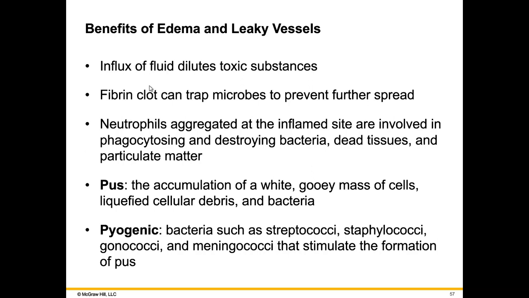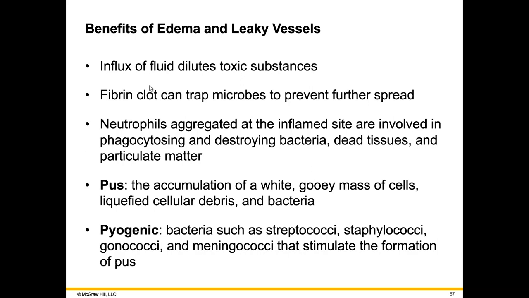Neutrophils also aggregate at the site of infection or injury, and they will be involved in phagocytosis, consuming and destroying any kind of debris, which includes bacteria or whatever could cause an infection, any dead tissue from trauma like the damaged cells due to stepping on this rusty nail, or any other debris that needs to leave. Now, as a side effect of this process, it will yield pus.